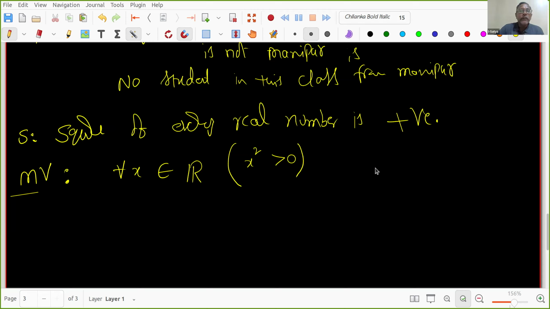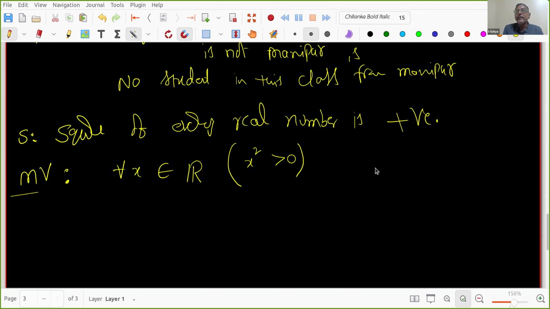Can you say it a little louder so everyone hears? 0 is also a real number, but its square is not strictly bigger than 0. So all of you understand. Zero is neither positive nor negative.